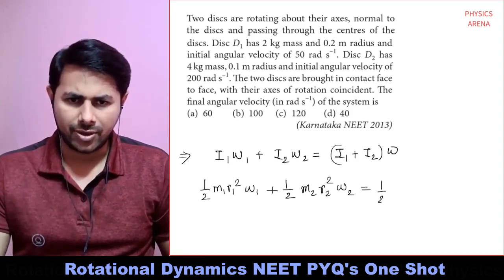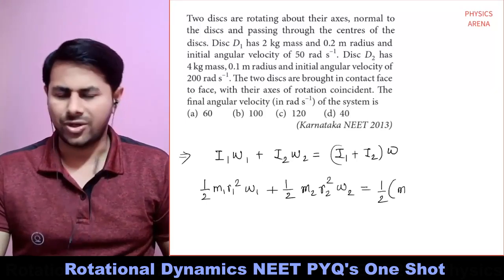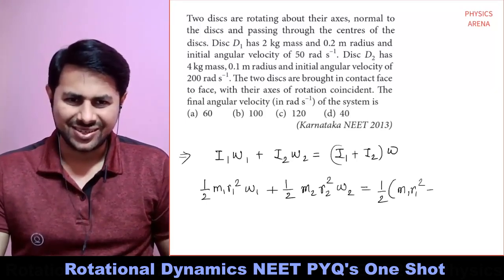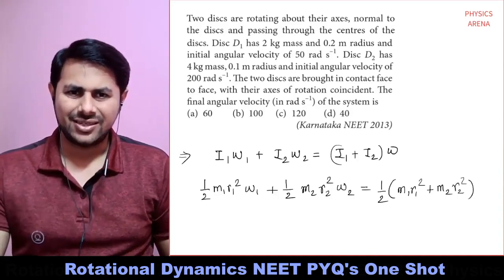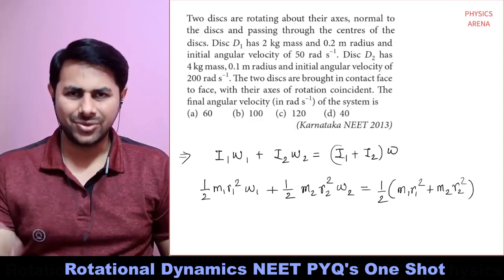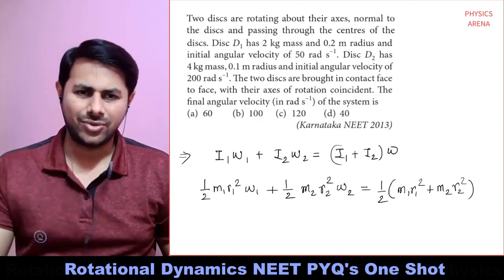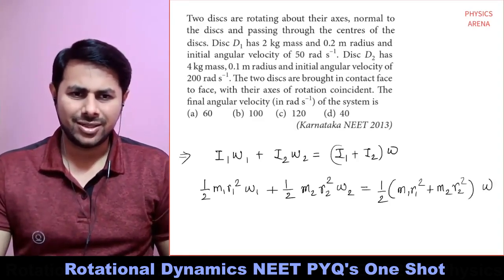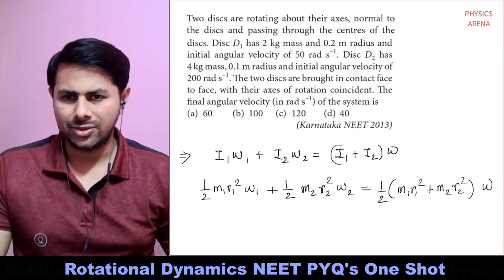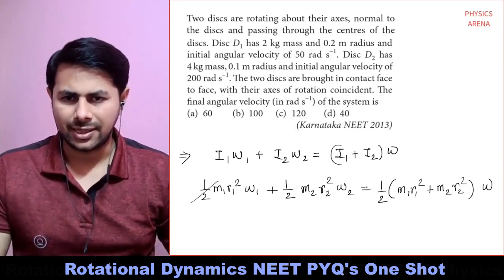You can take half common: m1 r1 square plus m2 r2 square, I have taken that 2 outside, multiplied by omega, which we have to find out. So half gets cancelled out.